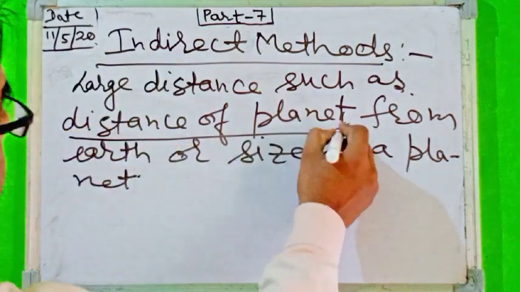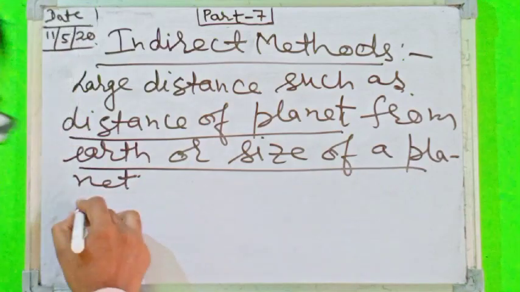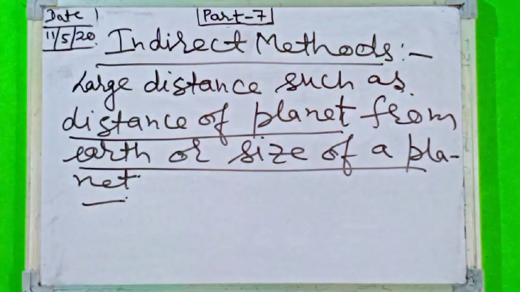This is something which can't be measured with any instrument. So an indirect method can be used for its measurement. The distance of the planet and its size can be measured by a method called the parallax method.